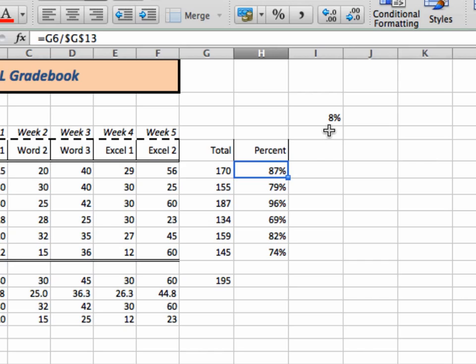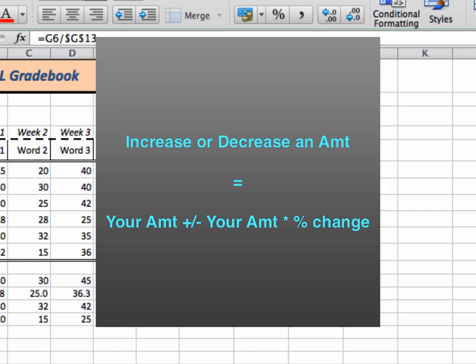So what does it mean to increase something by a percent? It's the present value, in this case H6, plus or minus, depending whether you want to increase or decrease. We're going to increase, so it's plus, again, the present value, H6, times whatever you want to use as a value for increase.